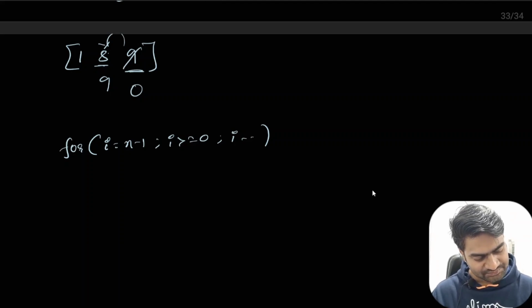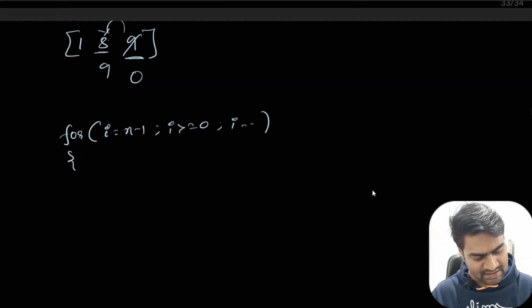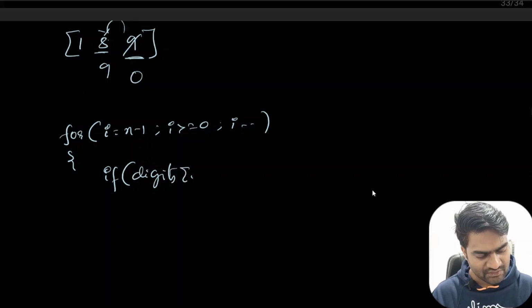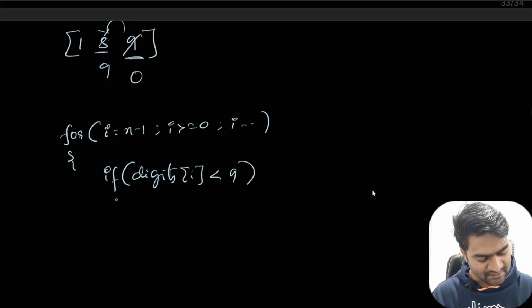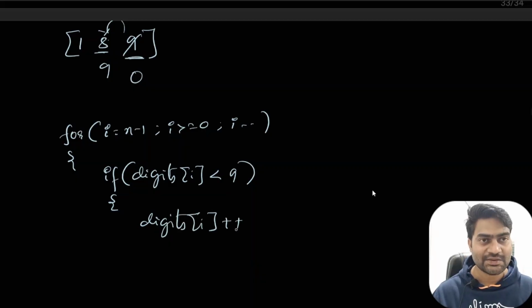Okay, so now what I will do, I will check if digits of i is less than 9, I will simply increment that value, then I'll return from there.